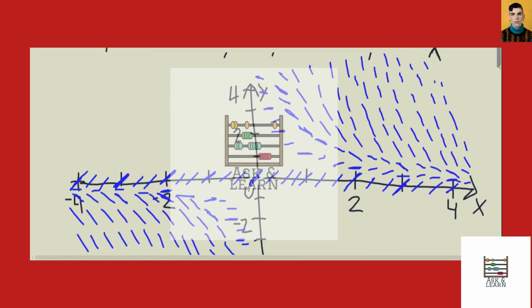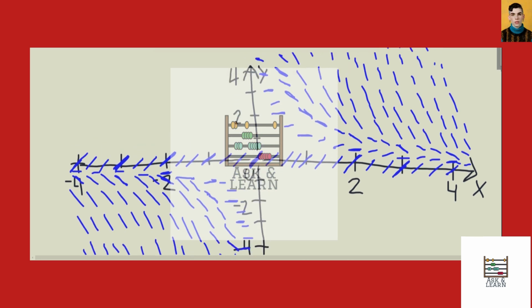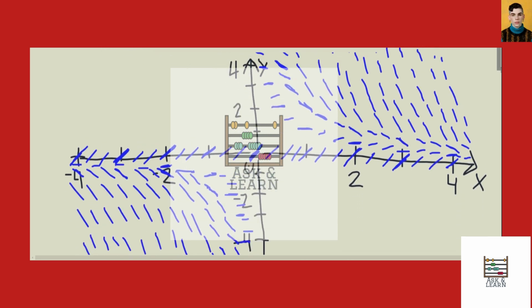So we have a rough idea of what it looks like for the points in quadrants 1 and 3.